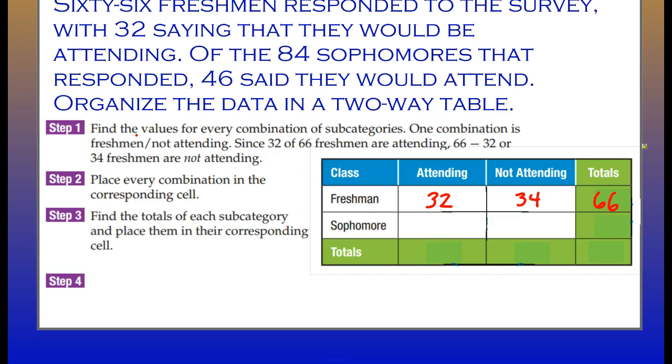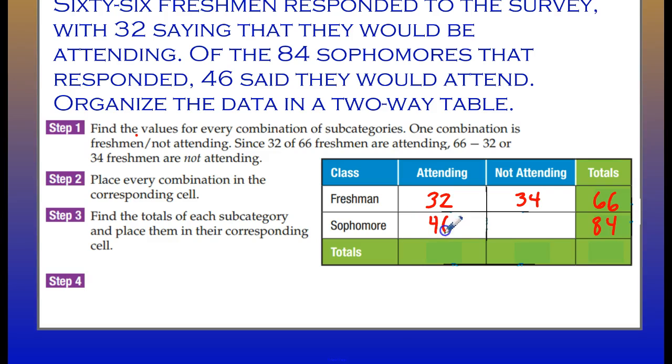Once we place every possible combination: it says of the 84 sophomores that responded, so the total number of sophomores is 84. Of the 84, 46 said that they would attend.